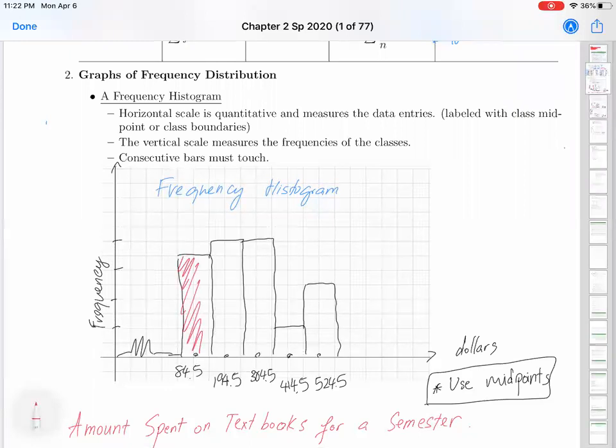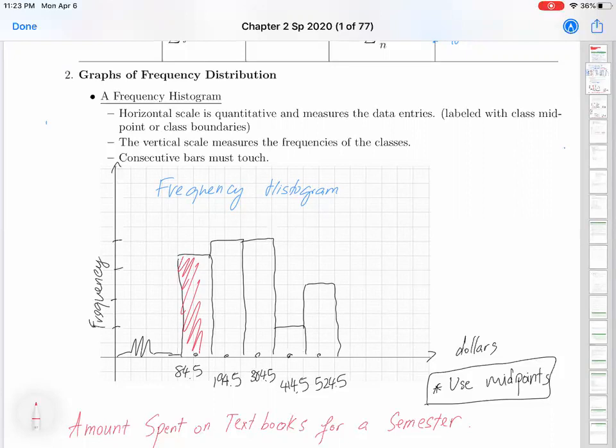So the 2 consecutive bars must touch. All right, that's one thing. And this frequency histogram helps recognize the pattern of our data set using the classes of the frequency distribution.